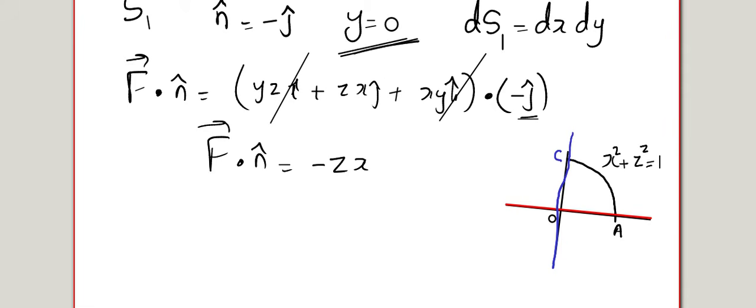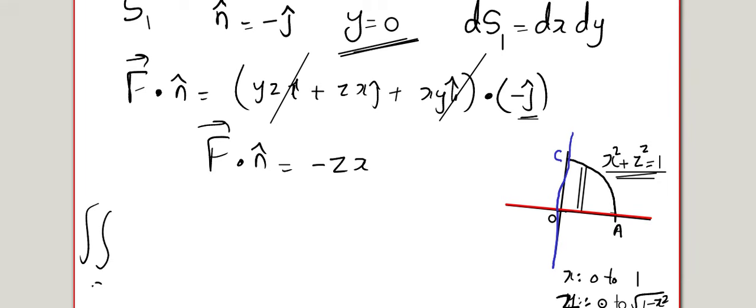Y will be absent. So I can say that if I make a strip, x varies from 0 to 1. It's a unit circle, right? So x varies from 0 to 1, y is 0 actually, z varies from 0 to root under 1 minus x square. You can find that z value from here.